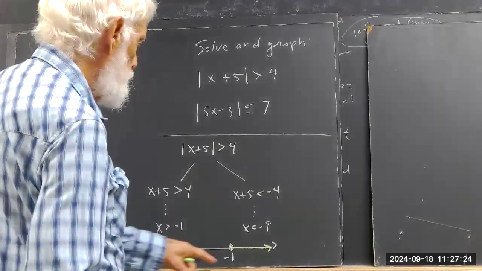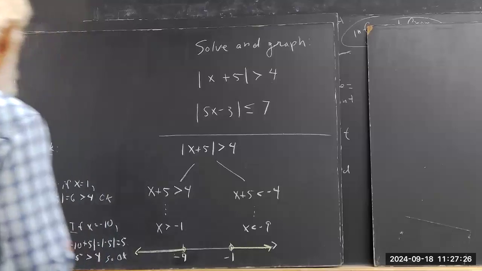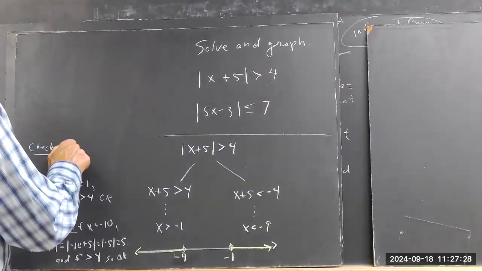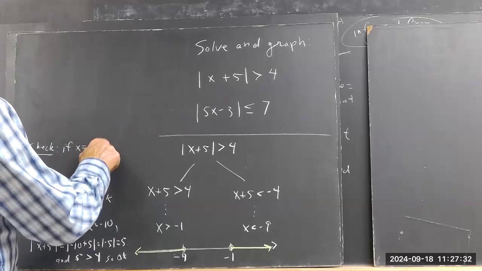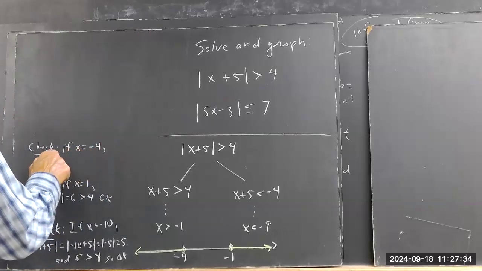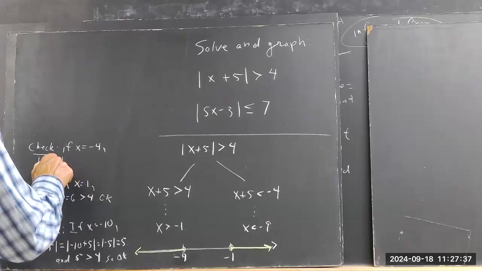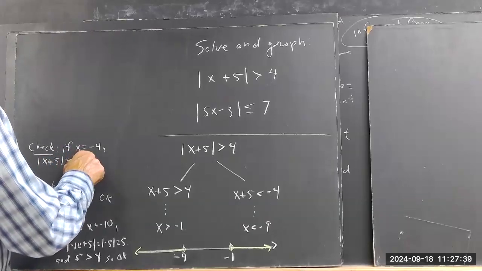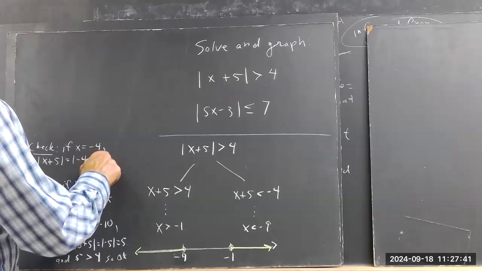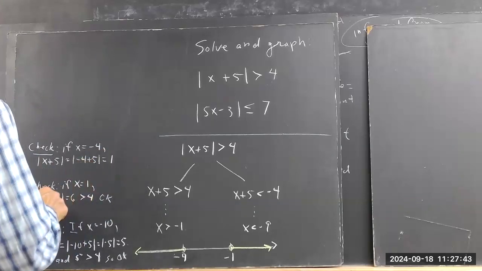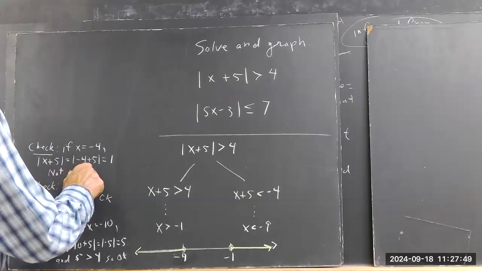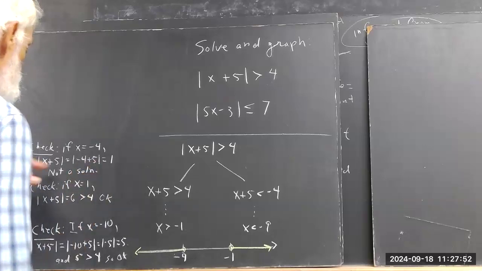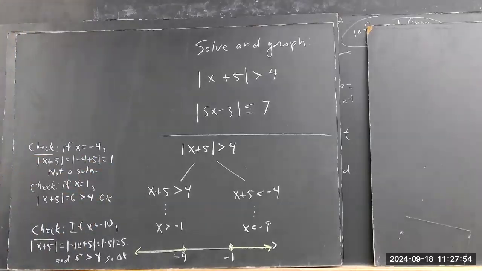Pick a number between -9 and -1. So you do that, you find that you get 1, that's not a solution.